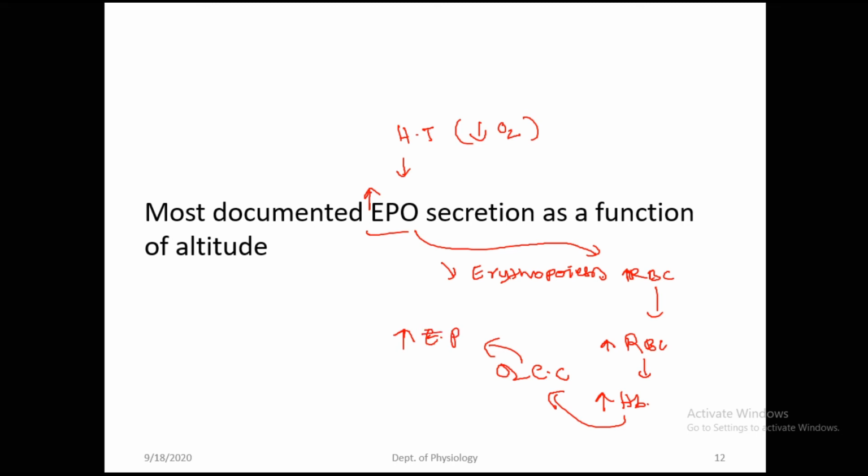This is how physiology plays a critical role in the improvement of performance upon the exposure to high altitude. So that is how high altitude can benefit an athlete or a player.